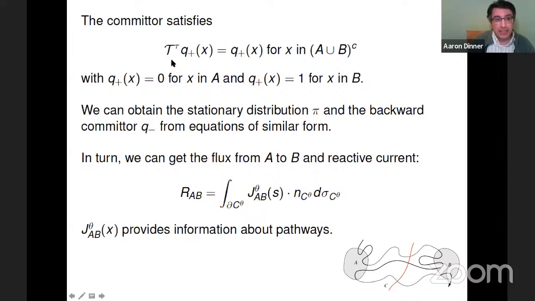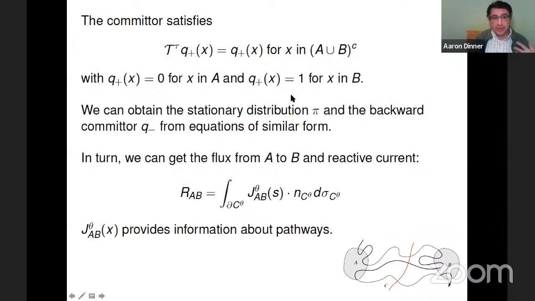And that operator equation is T q equals q. Ron actually had a version of this equation in his talk, just using different symbols. And then we have boundary conditions associated with that equation: 0 when we're in the reactant state and 1 when we're in the product state.